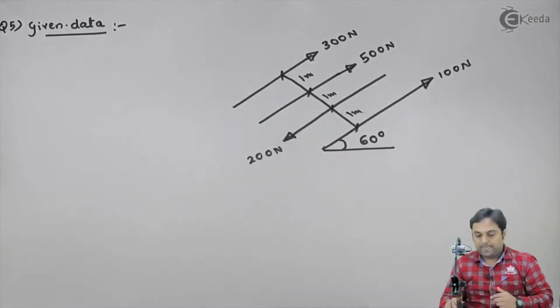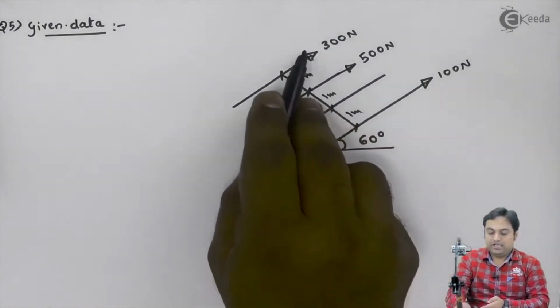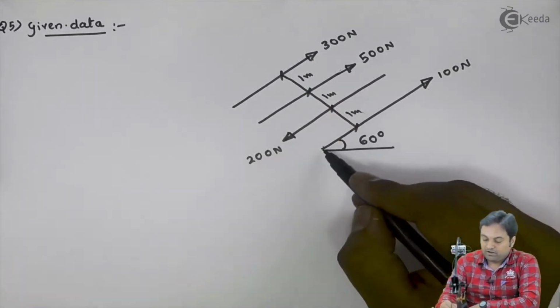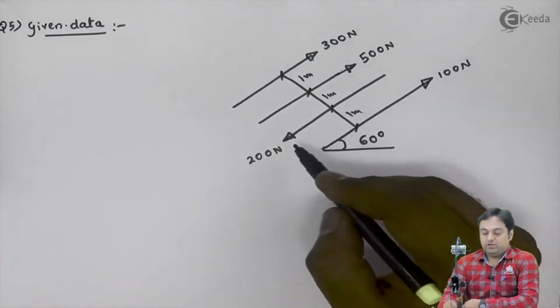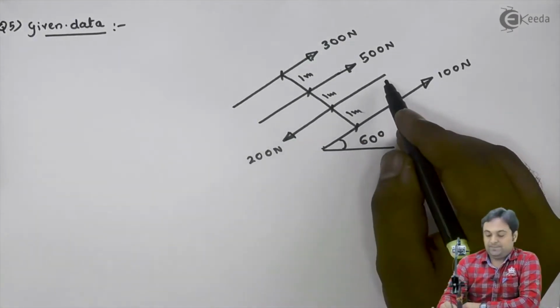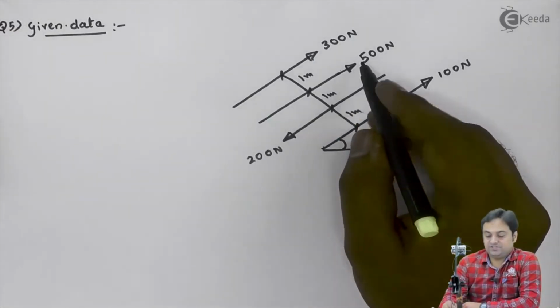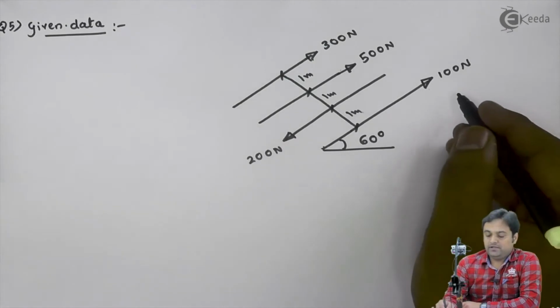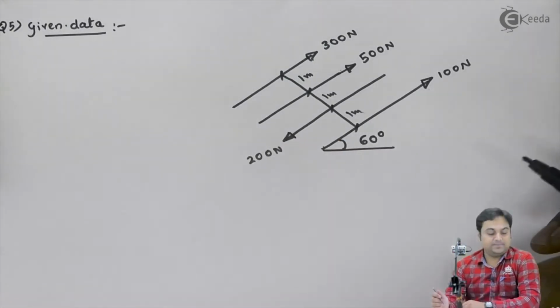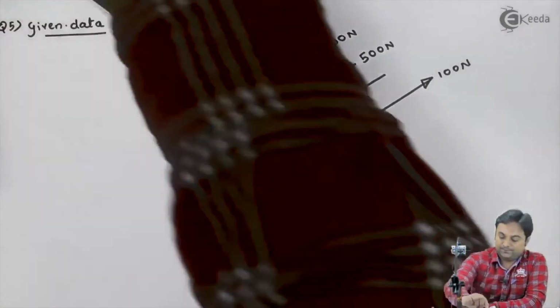We can say 100 Newton is inclined at 60 degree. So even 200 Newton is inclined at 60, 500 Newton is inclined at 60 and 300 Newton is also inclined at 60 degree. In other terms, all the forces are parallel to one another.